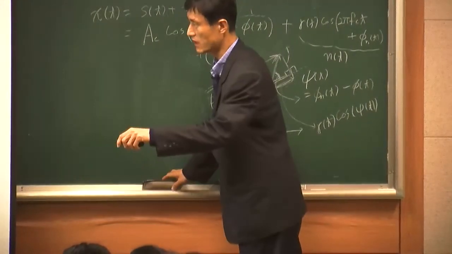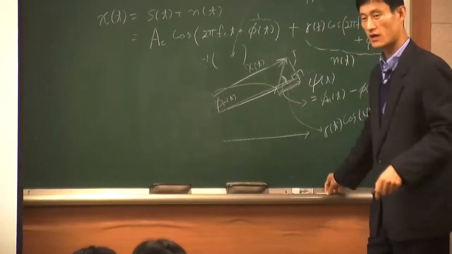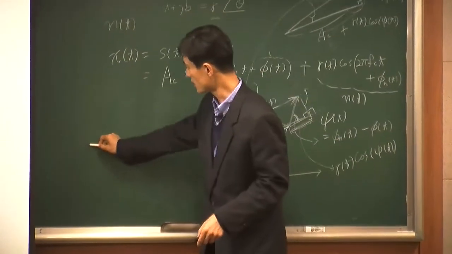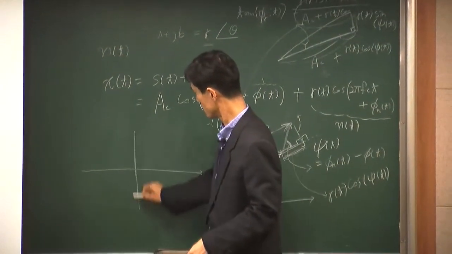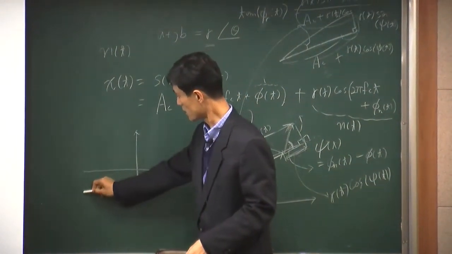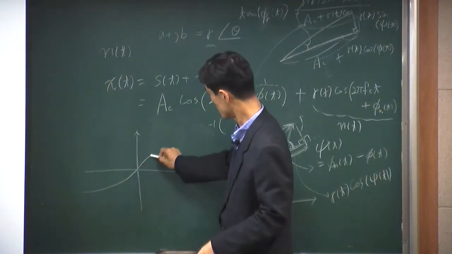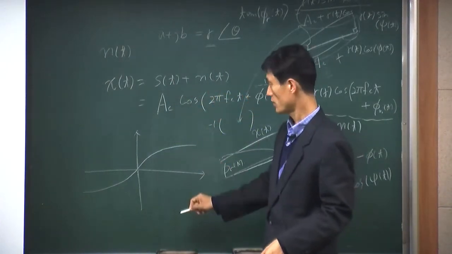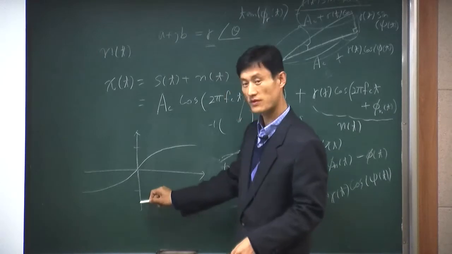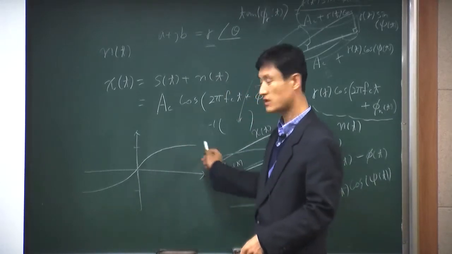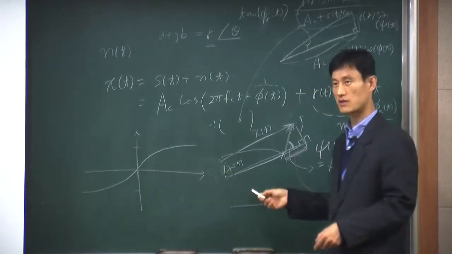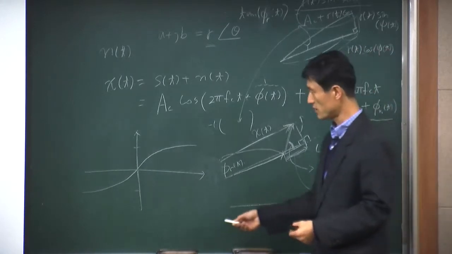Also, we know that this is a tangent inverse, an arctangent. What does the arctangent function look like? It looks like this, with pi over 2 here and minus pi over 2 here. That's what the arctangent function looks like.